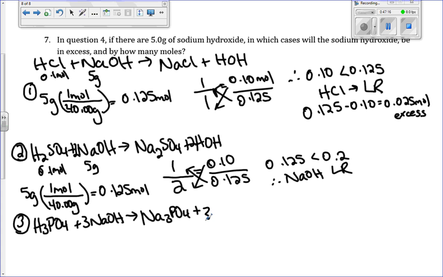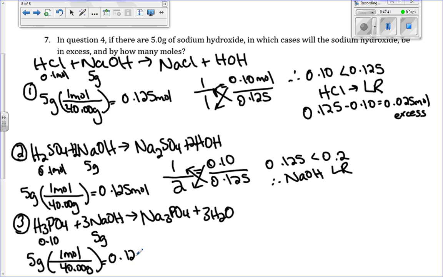And yes, I'm cheating and balancing and writing at the same time. We have 0.1 moles here and we have 5 grams here, which means that we have to figure out the number of moles. So 1 mole divided by 40 grams gives us, oh look, 0.125 moles. But the mole relationship has changed.